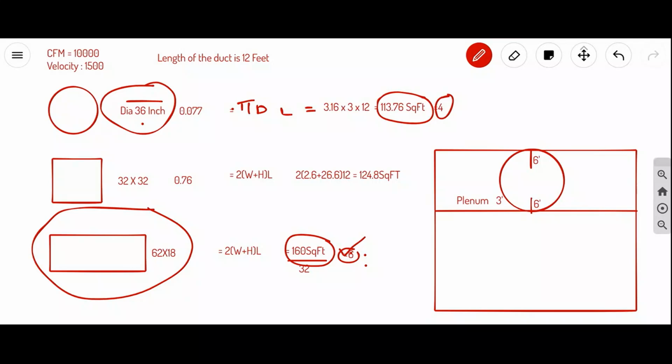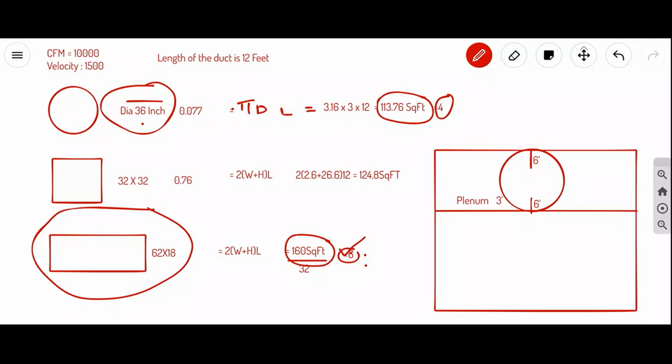What is the lifetime loss? You need a higher capacity of blower. As you need a higher capacity of blower, you need more power and more power consumption. When there is more power consumption, every month you will get power bills, right?